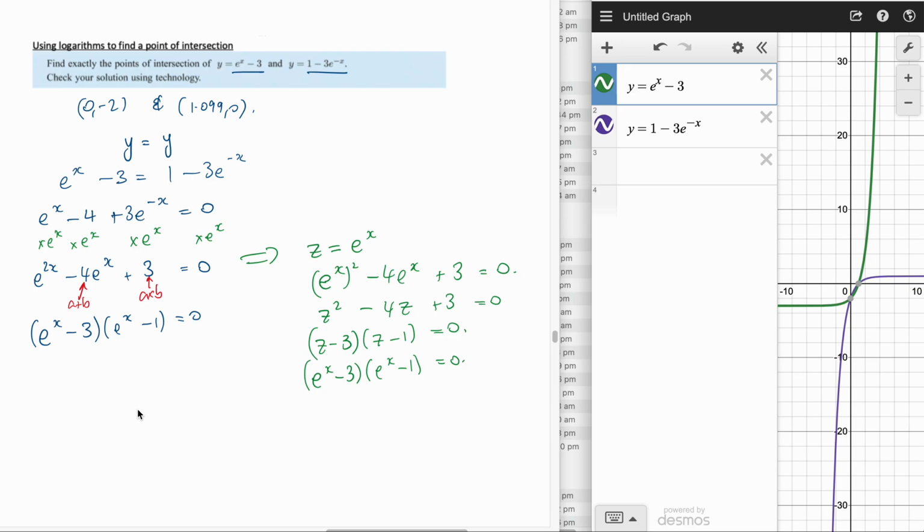So let's get back to it. We've got the null factor law here, saying we've got two brackets and we need to make each bracket 0 to find both answers. First answer. Second answer.